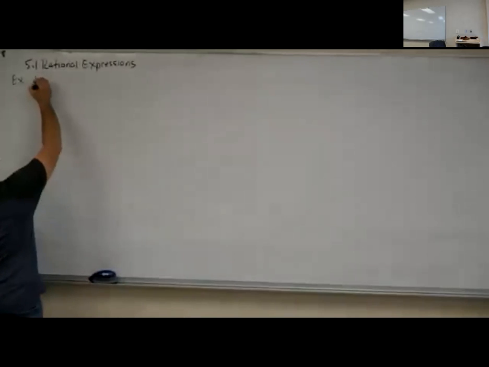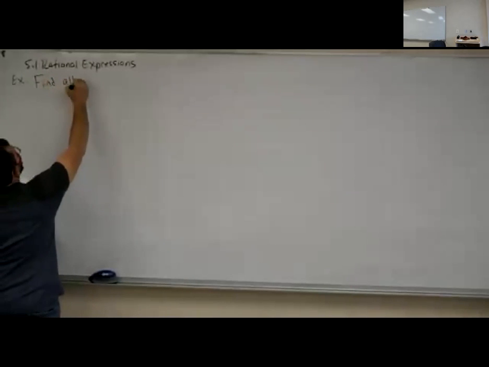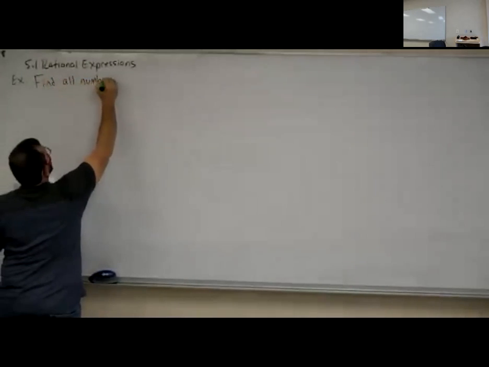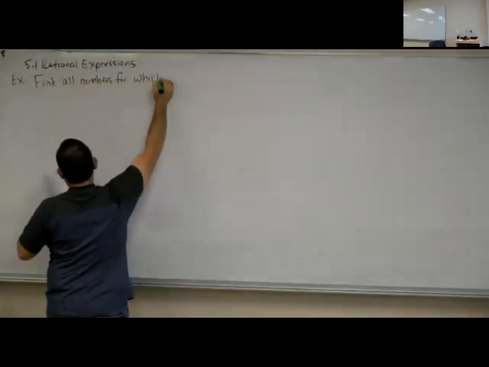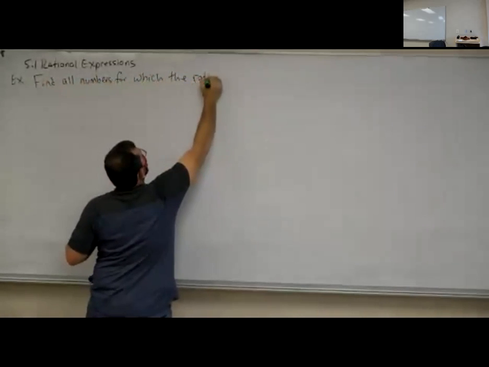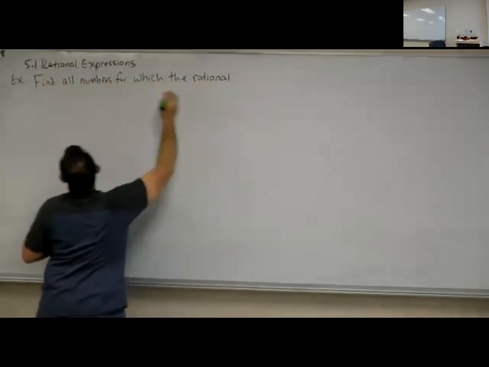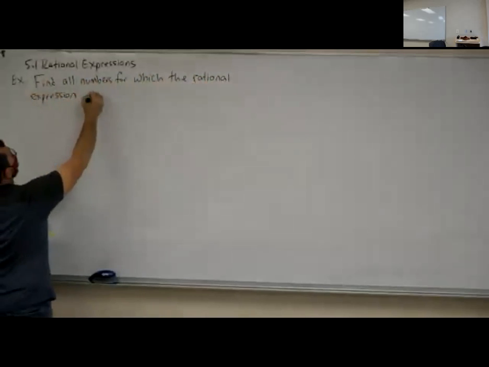All right, so first, they want us to find numbers that make the rational expression undefined. We're going to find all numbers for which the rational expression is not defined.